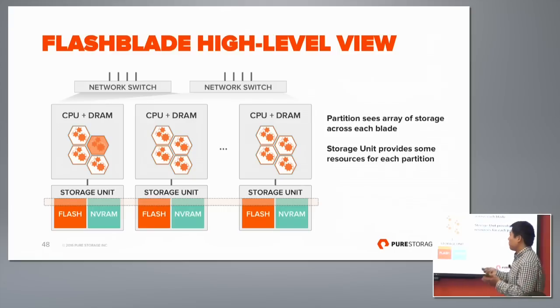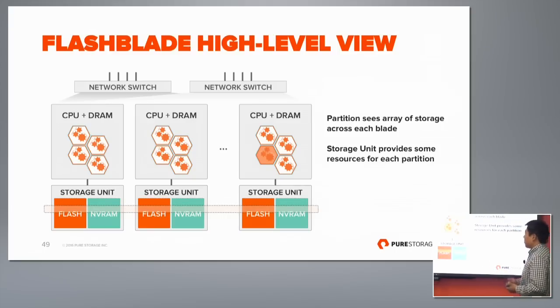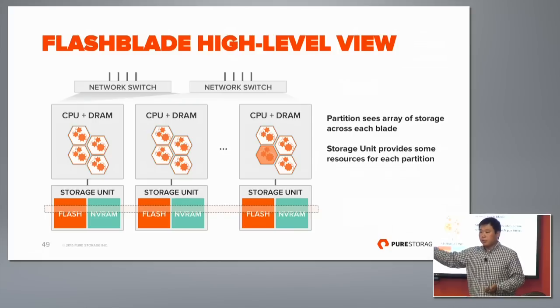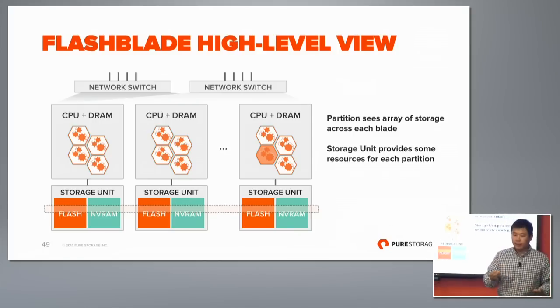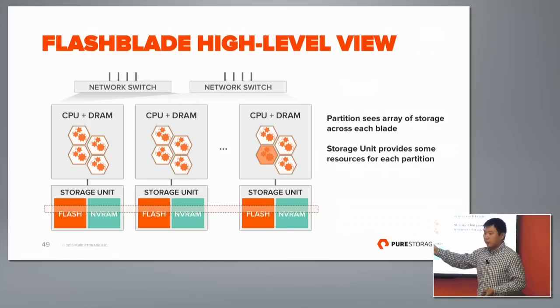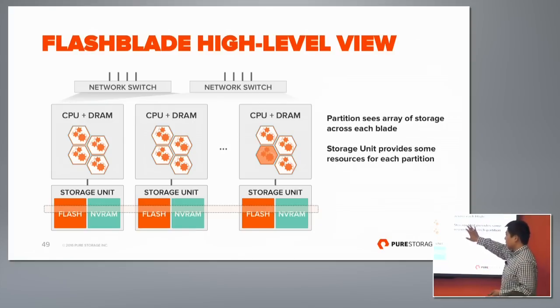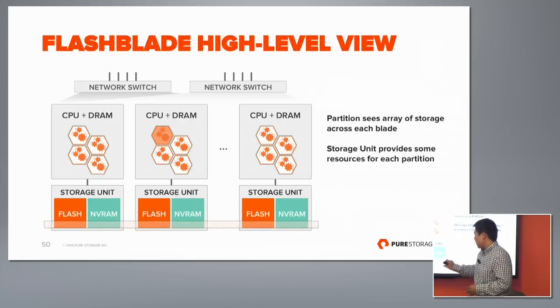So from the point of view of each of these partitions, the partition sees storage resources, flash and NVRAM, on each of the blades. It manages the flash and NVRAM, or a portion of it, on each of the blades. Conversely, each of the storage units on each of the blades provides a portion of the storage.